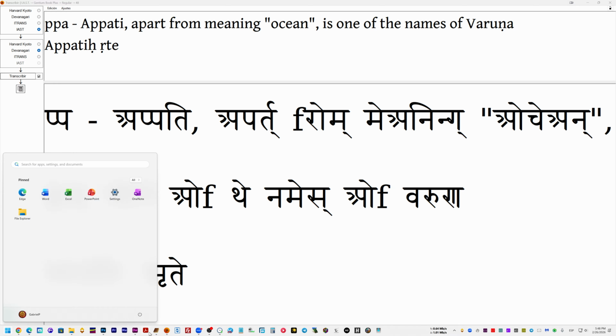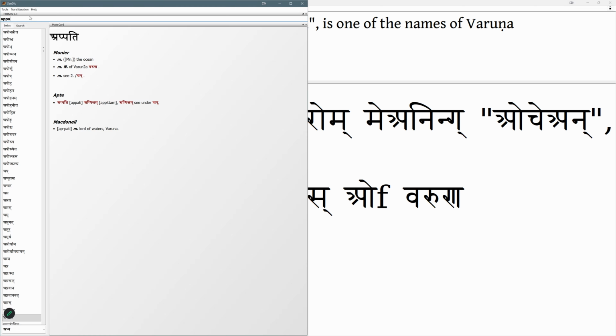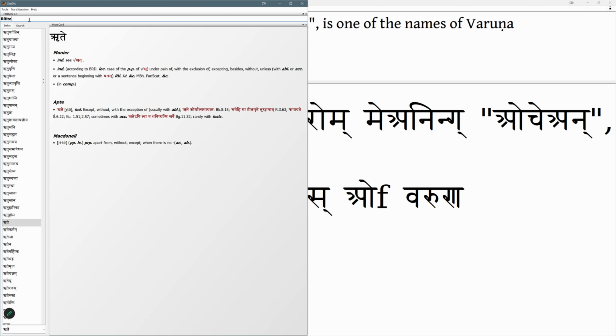If you go to the dictionary, hopefully my memory serves me well, you search rite, they say with exclusion of, with exception of, apart from, followed by ablative or accusative, or a sentence beginning with yatas. Well, ablative in general we use.